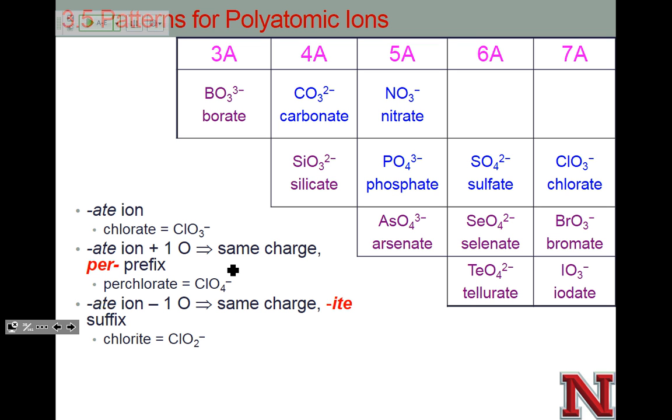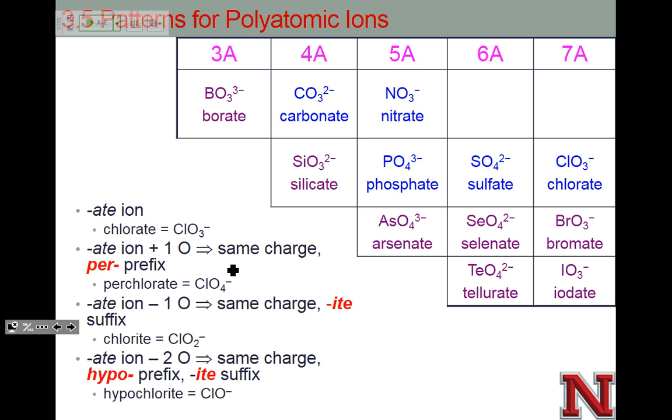So ClO3 minus 1 is chlorate, ClO2 minus 1 is chlorite. And you'll see that with the carbonate ions as well, with the borate. So you see those kinds of trends when you look at it. Again, this just might help you memorize the table and kind of cut it down. You don't have to memorize them by following these trends, but it might help you to better memorize and remember them.